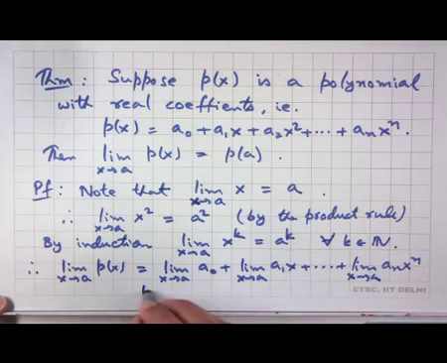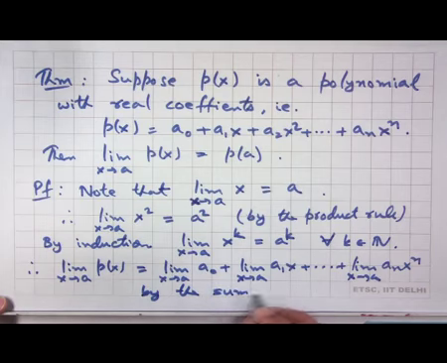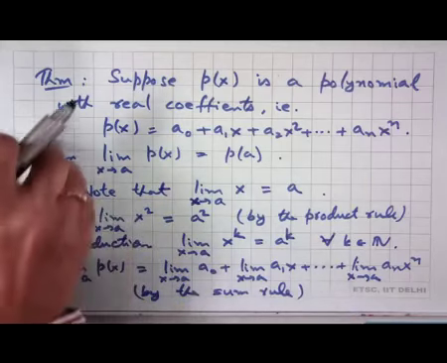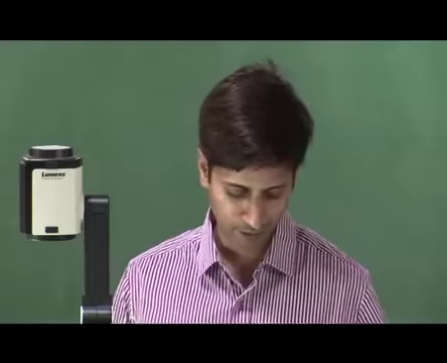This is by the sum rule. And then you use that limit of a constant times a function is the constant times the limit.